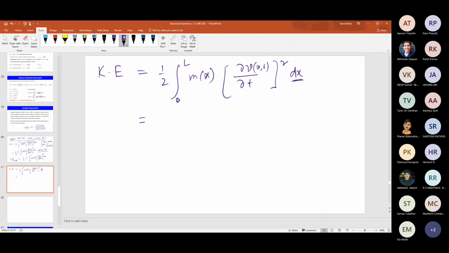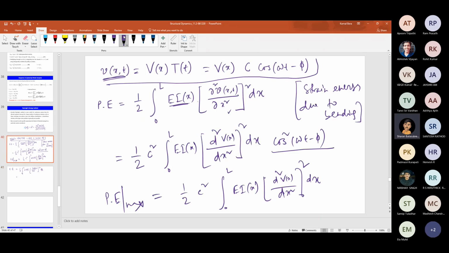Be careful about this. Here the derivative with respect to x of EI(x) times the second derivative of v is the strain energy due to bending, right?